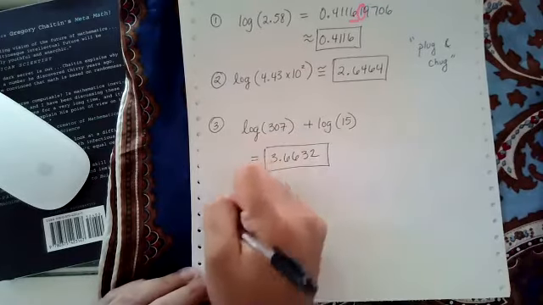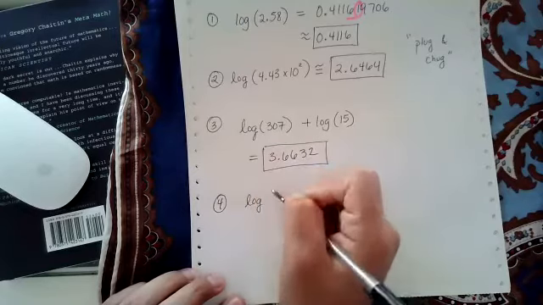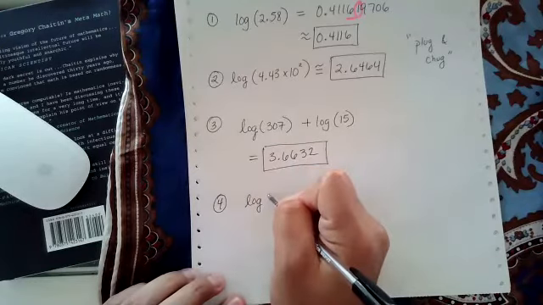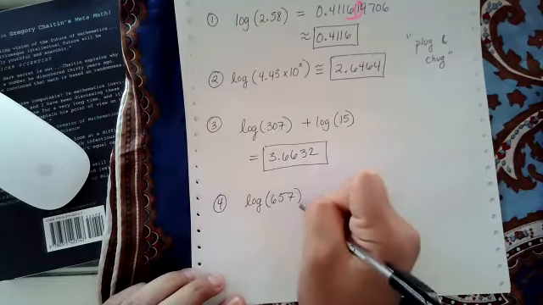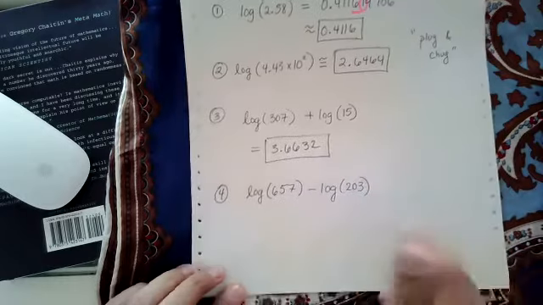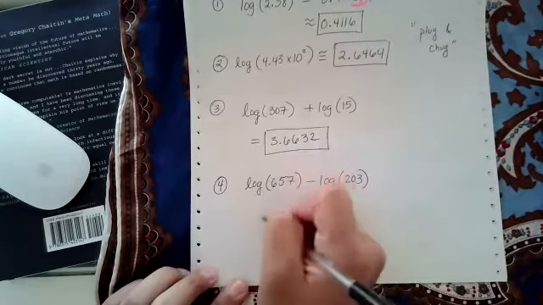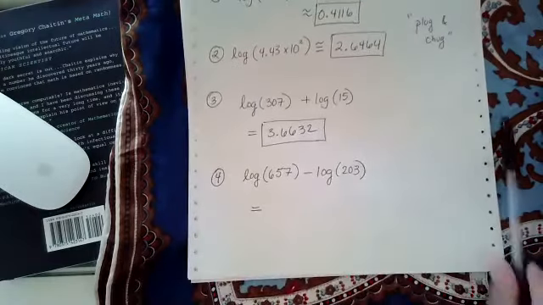All right, let's look at the next one. We're going to look at log 657 minus log 203. What should the value of this expression be if we just simplified it into a single number, rounded to 4 decimal places?